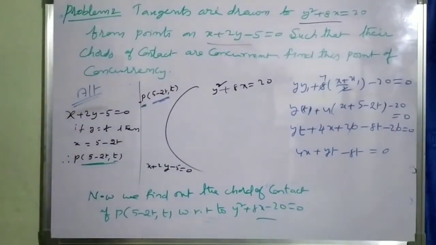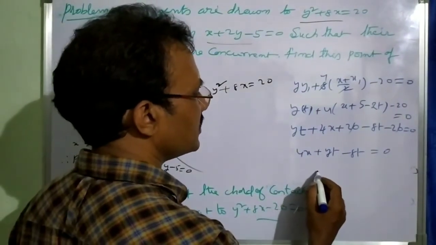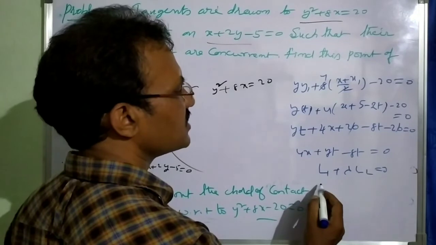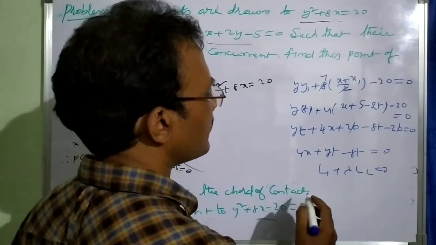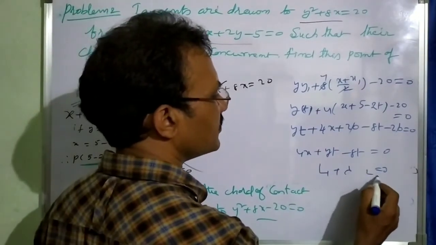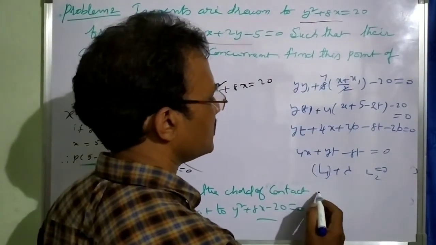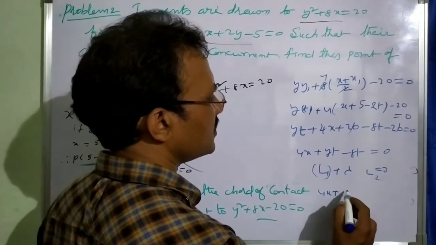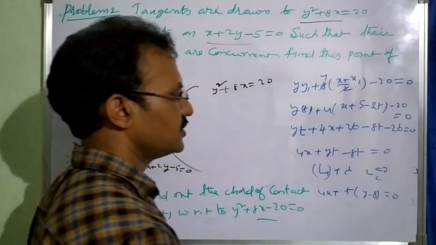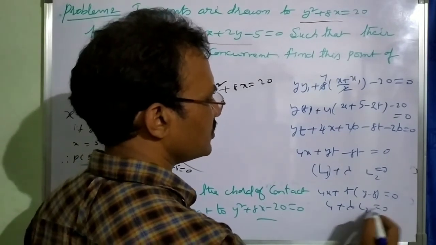This is the line in which the parameter t is there, so we can write it in the form L1 plus lambda L2 is equal to 0. That is 4x plus t times (y minus 8) is equal to 0.